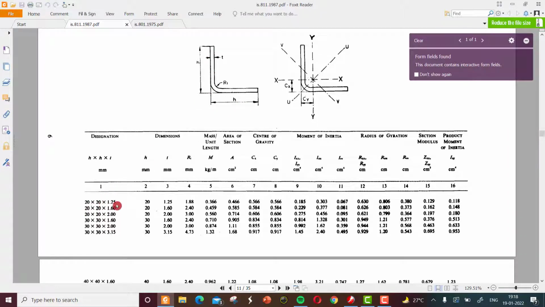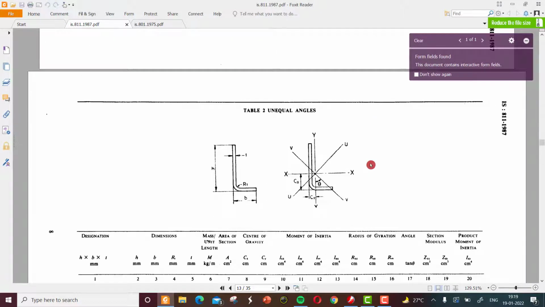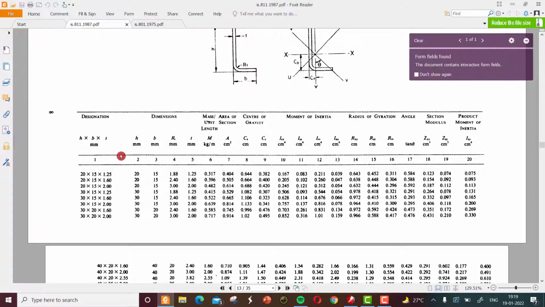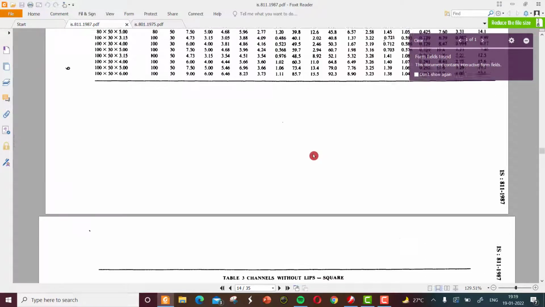It is 20 by 20 by 1.25 means 20 is the width, 20 is the height, or both the widths. So this flange portion is 20 by 20, thickness is 1.25, and all the values are given. Moment of inertia, radius of gyration, section modulus are given as in the steel table for this cold formed steel members. Unequal angles having different sizes, 20 by 15.